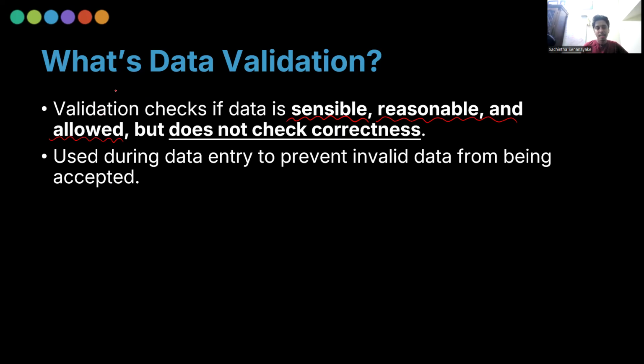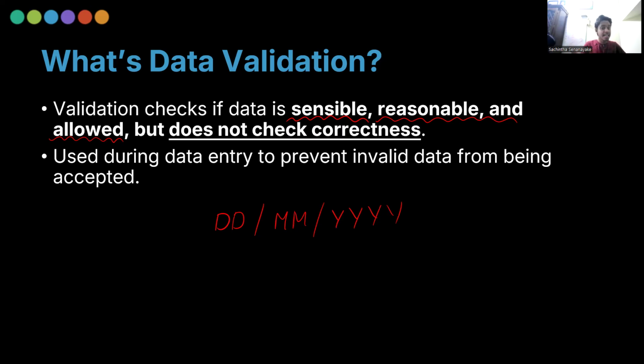Maybe they expect you to enter your date of birth in a specific format. Maybe the format is DD/MM/YYYY. Now, when you type in your date of birth into these systems, you're expected to type it in this format.